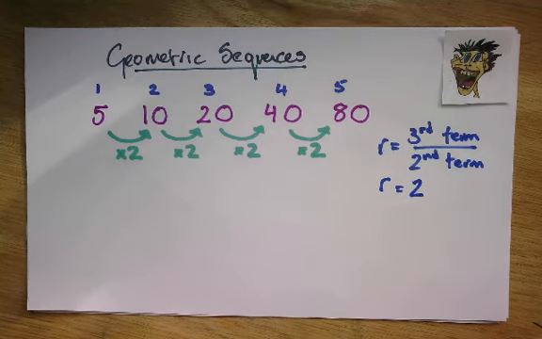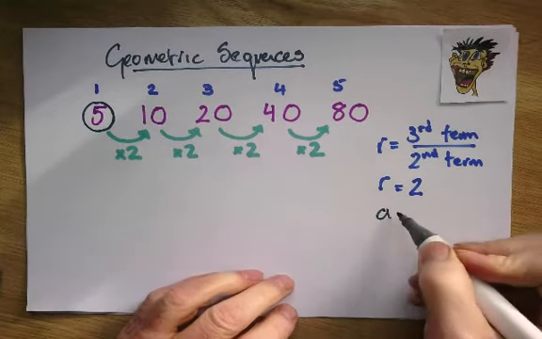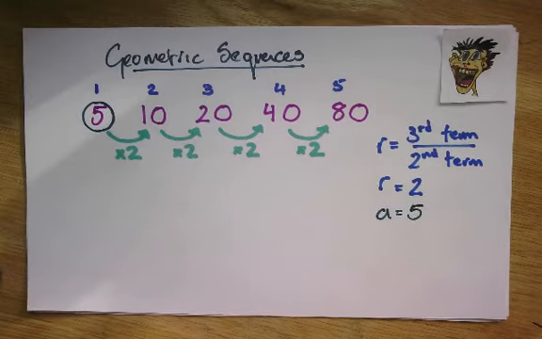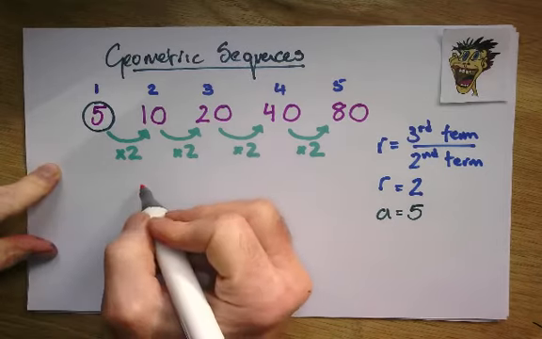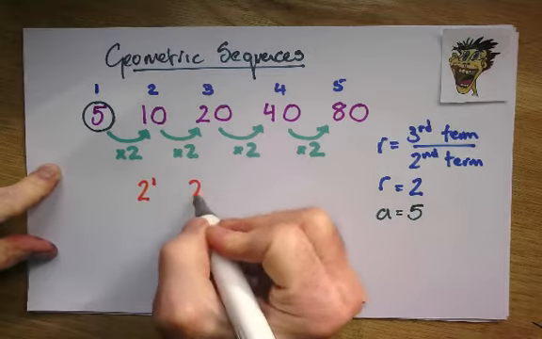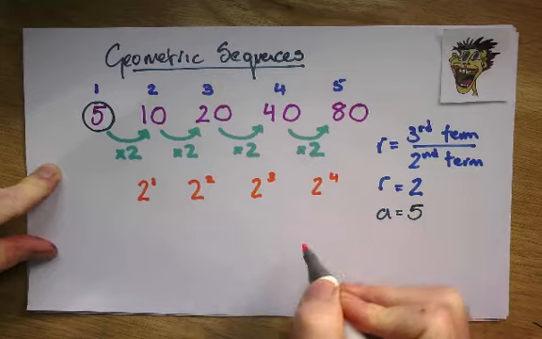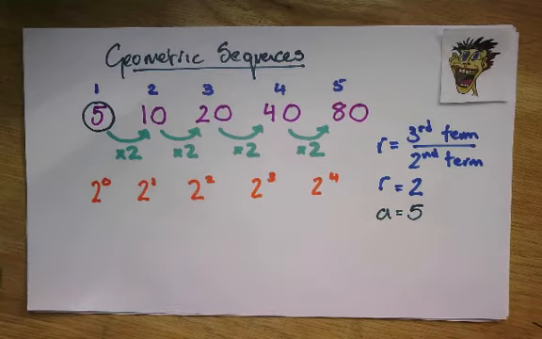And another thing you need to know is we always have a starting value. And we call that a. So a is our first value. Now, we know we go up in 2's, so it's to the power of 2. So here, let's just do 2 to the power of 1, 2 to the power of 2, 2 to the power of 3, 2 to the power of 4, and don't forget, 2 to the power of 0.